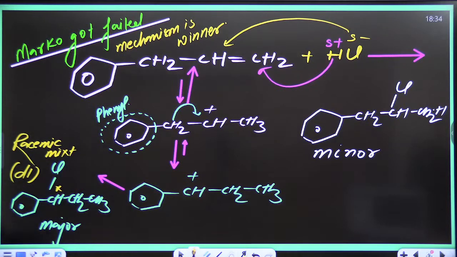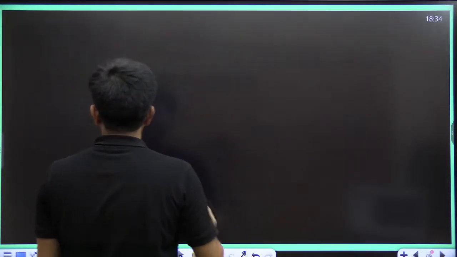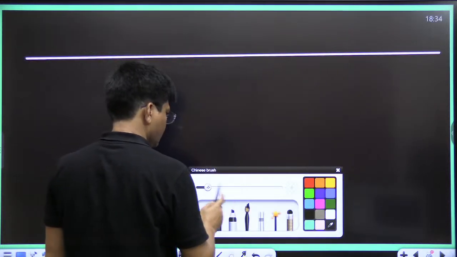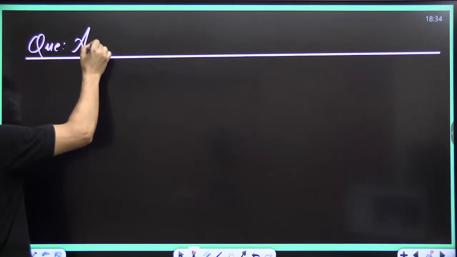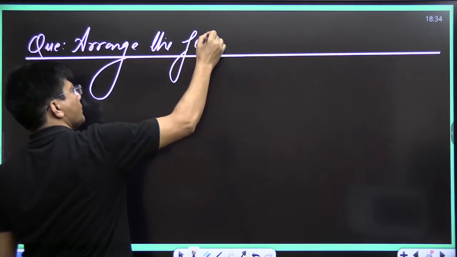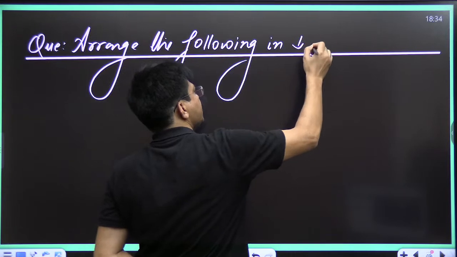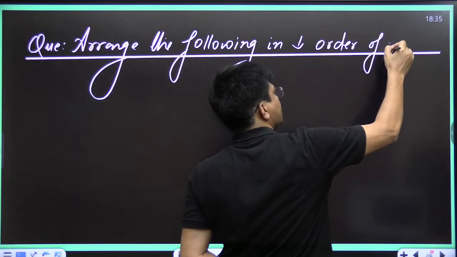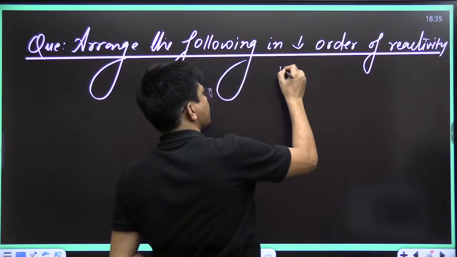Now, my dear students, if the examiner is asking this question, just see, kids. Arrange the following in decreasing order of reactivity with HX.